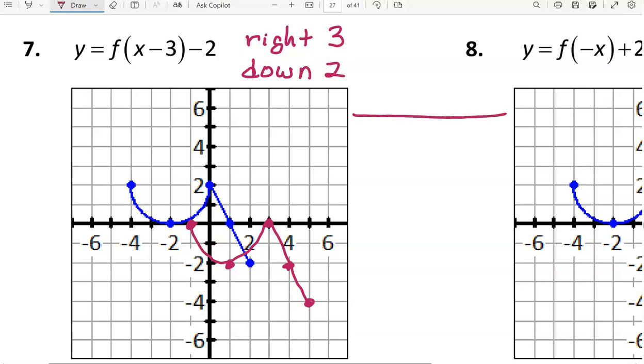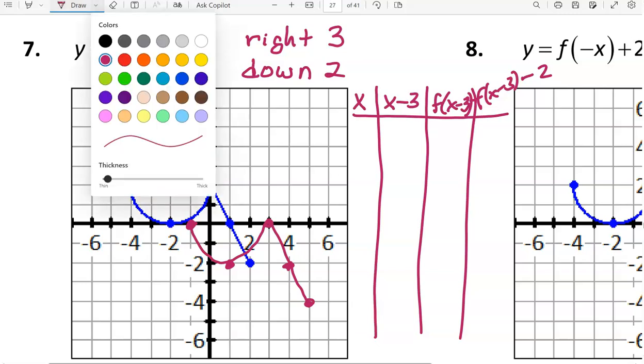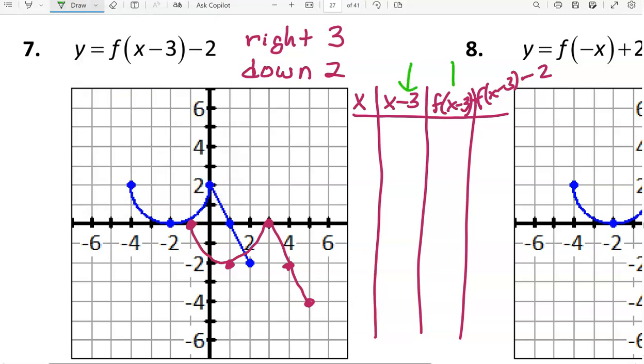If you prefer the table of values approach, we'll have 4 columns: x, x minus 3, f of x minus 3, and then the last column will be f of x minus 3 minus 2. Our input and our output are the interior columns there, the second and the third.